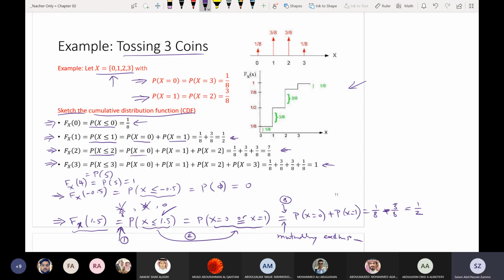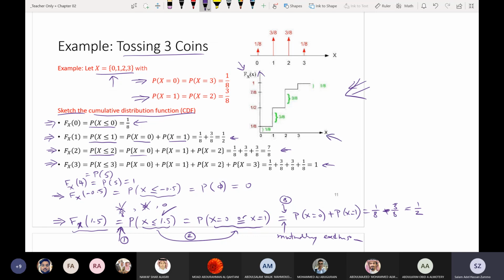Now, if we are able to find F_X of small x at any number x, then we can plot this. Let's try to plot it. Now we are plotting F_X of x versus x. The y-axis is F_X of x.